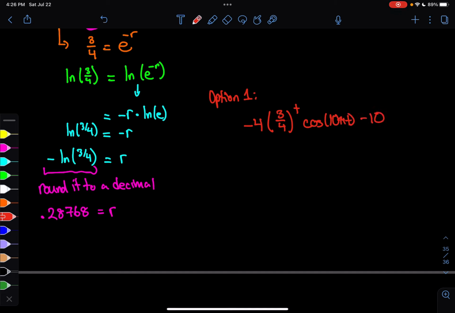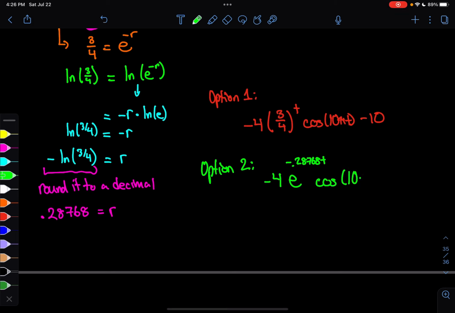That's option 1. Nice, neat, easy. Option 2 is we put it in the other form, which, yes, it will show up again in the future, but for now, this is what it's going to look like: negative 4 times e to the negative 0.28768 t, times cosine of 10 pi t minus 10, okay?